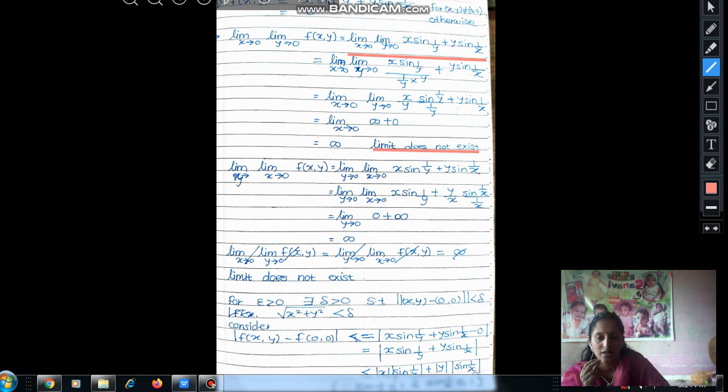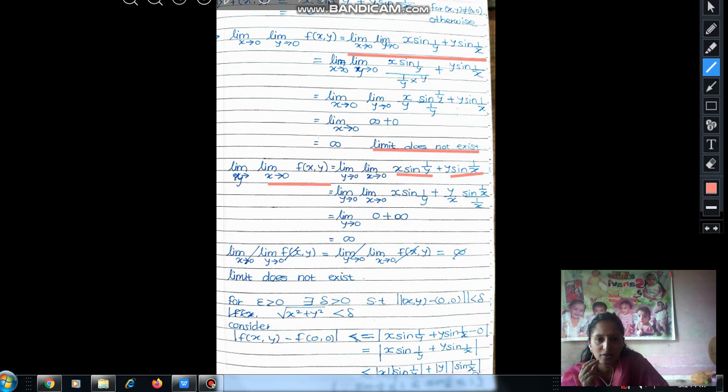Now the next one, limit y tends to 0, limit x tends to 0, f of x, y. Now we first calculate the limit x tends to 0. Putting the value x is equal to 0 in this equation, the first term x into sine 1 upon y is 0. But in y sine 1 upon x, substituting x is equal to 0, we get sine 1 upon 0, and 1 upon 0 is infinity, so the second term has value infinity.